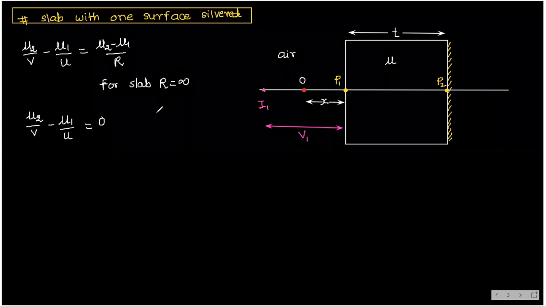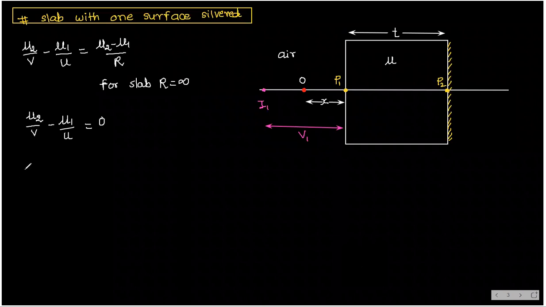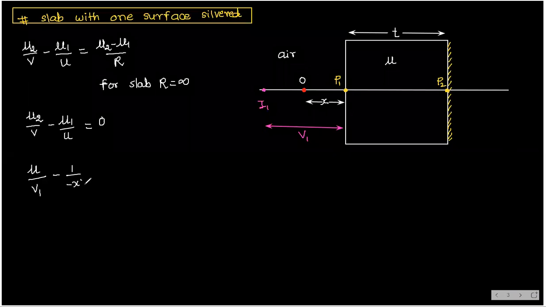Okay, right. Now see, what is mu2? Mu2 is mu, right? So this is mu and this I am taking as P1 minus, because this we have to find. Mu1 is air, that's why 1. And here, what is this distance? X, but it is minus X because I am going to substitute, and this is against the light direction. This we have to find, that's why I am not keeping the sign.